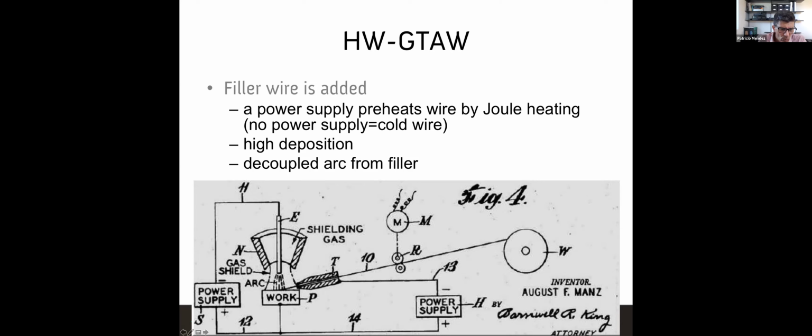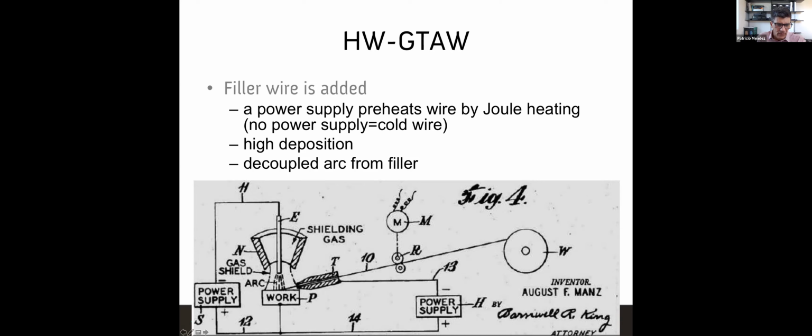What they do is that the wire touches the melt, and now they have a secondary power supply, and you have a circuit. That means that you're going to have current flowing between this contact tip that is touching the wire, and the wire is sliding relative to this contact tip.